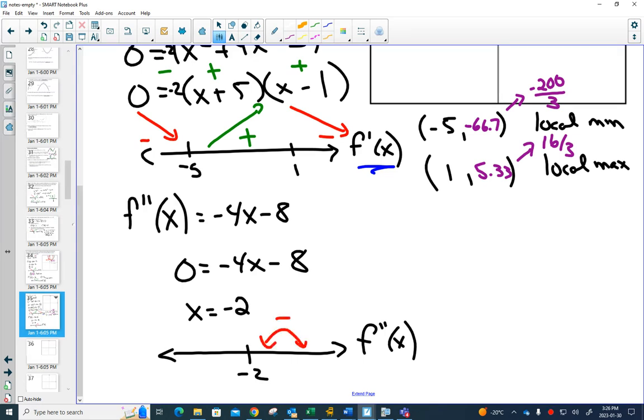Plugging in 0 into your second derivative gives a negative, meaning that it's concave down. Plugging in something less than negative 2, like negative 5, would give me a positive number. So negative 2, comma something is an inflection point.